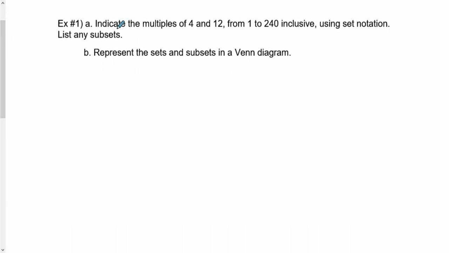So our first example, we're going to indicate the multiples of 4 and 12 from 1 to 240 inclusive using some set notation and list any subsets. And then we're going to represent it in a Venn diagram. So if we want to talk about all multiples of 4, how would we say multiples of 4?